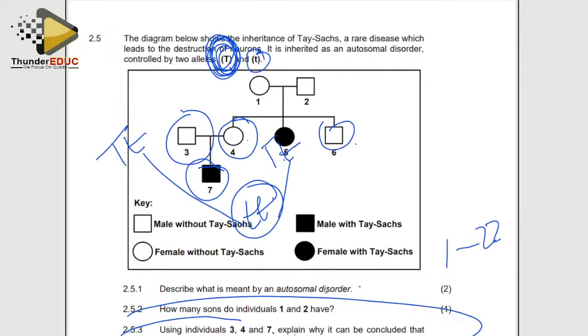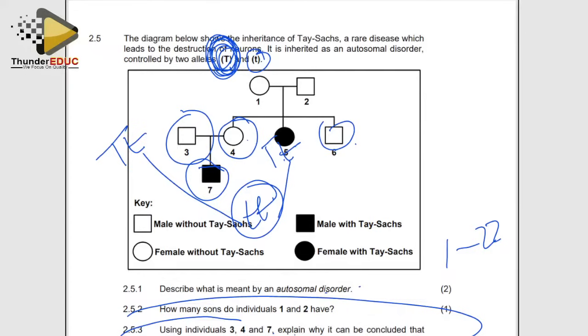Will we get a mark if we say individual 3 and 4 are carriers? Okay, let me check.